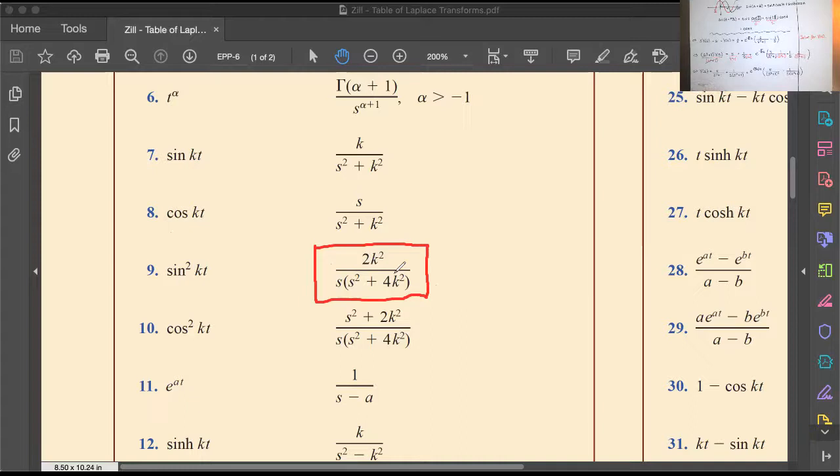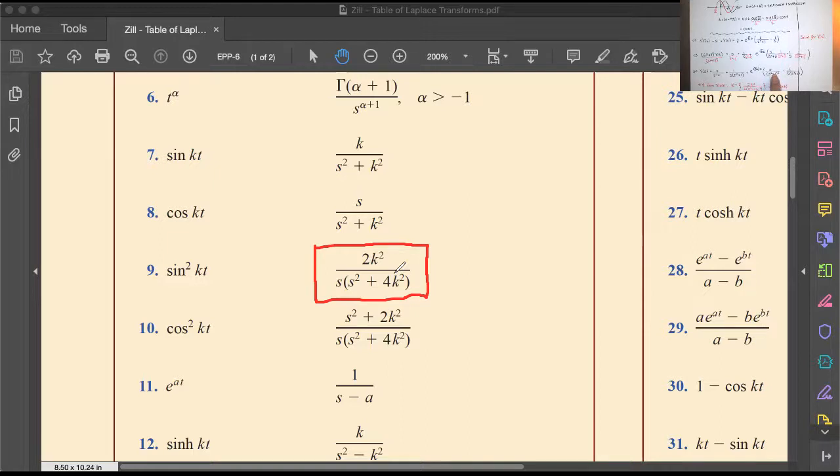From the table, entry number 9 tells us that the inverse transform of 2 times k squared over s times s squared plus 4k squared is equal to sine squared of kt.